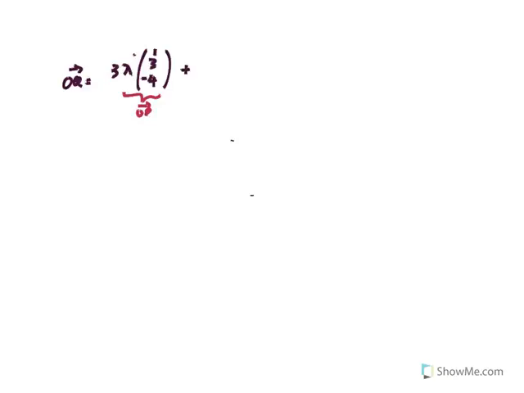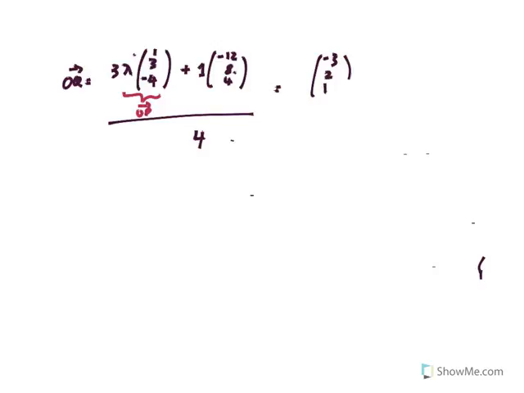Plus 1 times OB, and our OB is (-12, 8, 4). If we divide this by 4 and simplify, this gives us (-3, 2, 1) plus 3/4 λ (1, 3, -4).